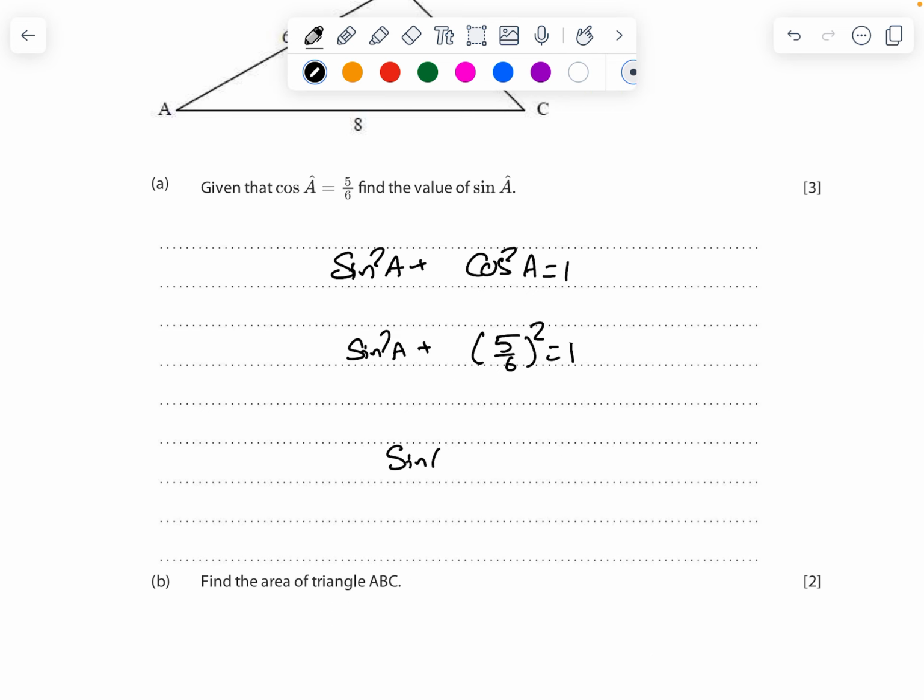So sin square A will become 1 minus 25 upon 36. So sin A will become square root of 11 upon 6. Method 1 mark for this, and this is one accuracy mark and final accuracy mark.